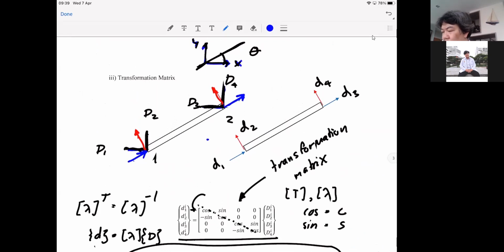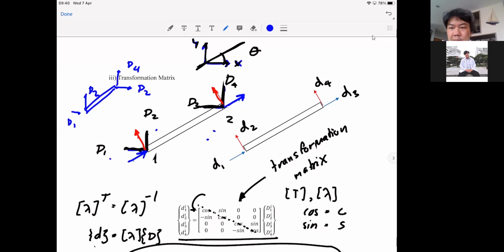So if you read some other textbooks where they employ something like D1 and then D2 like this, or you yourself do something like this, let's say this is your D2, this is your D3, this is your D4. You use something different from D1, D2, D3, D4 like you see here.